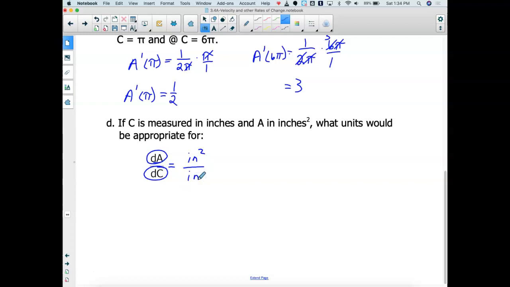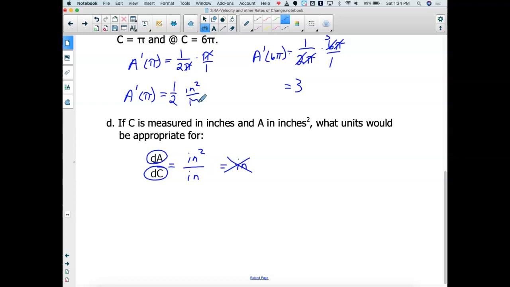Now, we don't want to reduce our units and call it an inch, because my area is changing at pi at 1/2 inch. That doesn't make sense. We don't want to reduce it. It's going to be 1/2 inches squared per inch. What does that mean?